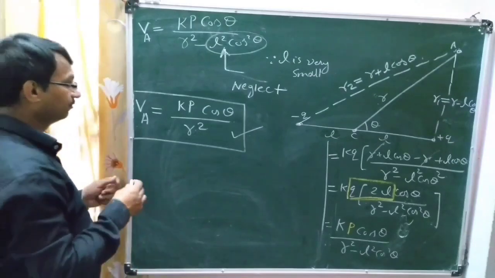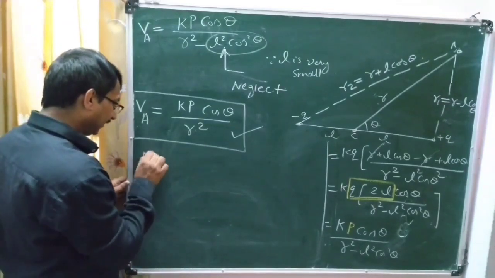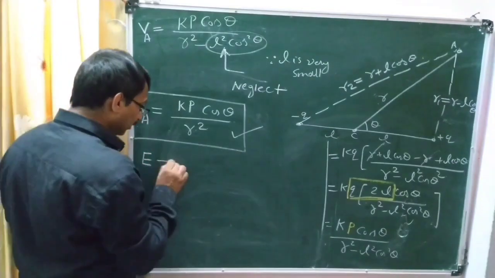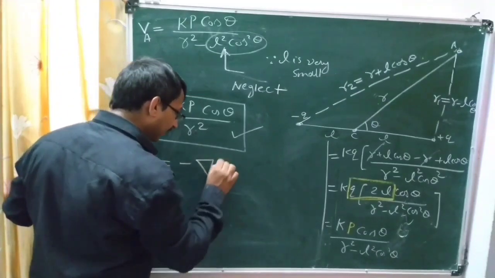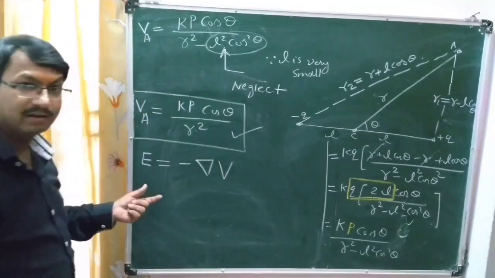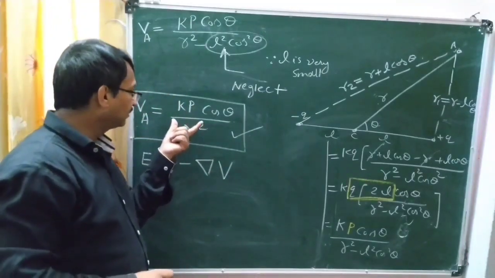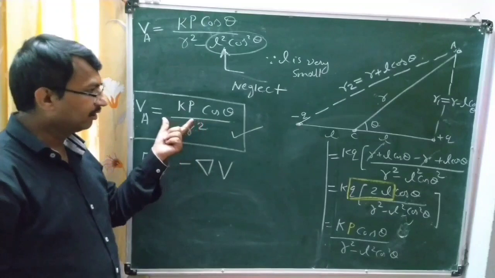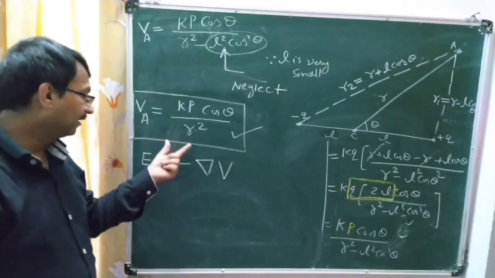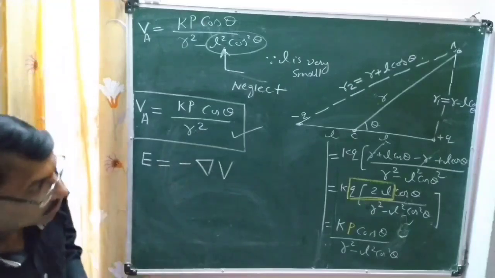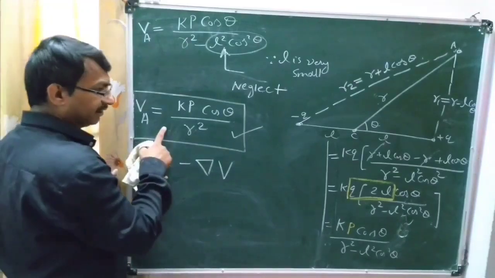Now if we want to find the electric field intensity at this general point, use the relation E is equal to minus grad V. Grad is simple differentiation. So differentiate this electric potential in order to find the electric field intensity. Let us see how to do it. So remember this term.